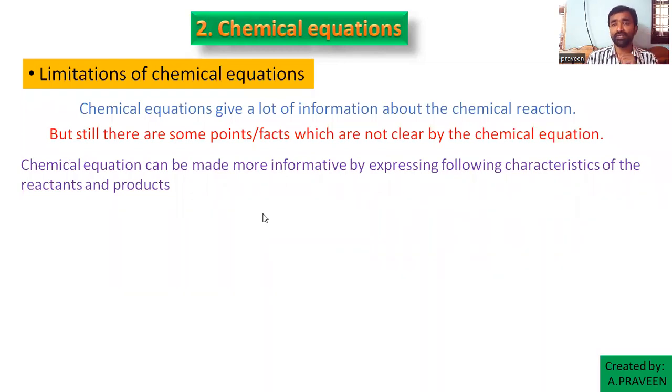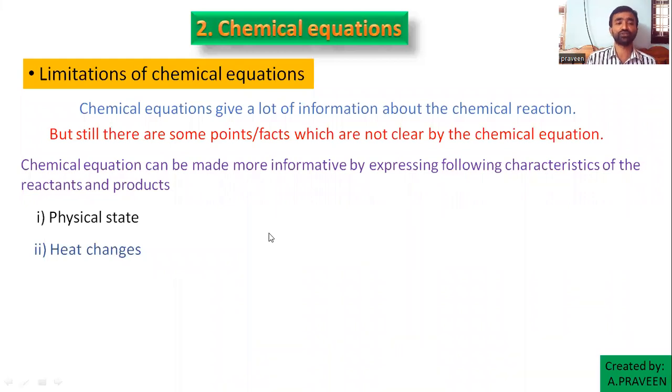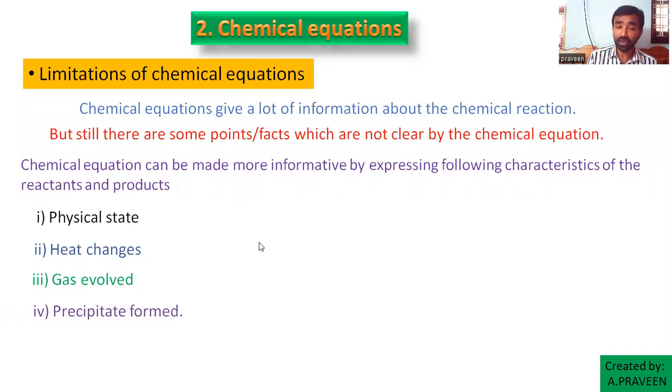You may provide heat energy, or you may use different substances to fasten the reaction, called the presence of a catalyst. So all the information we can express, using the physical state, the heat changes, and the gases evolved. Everything will be interpreted in the equation.